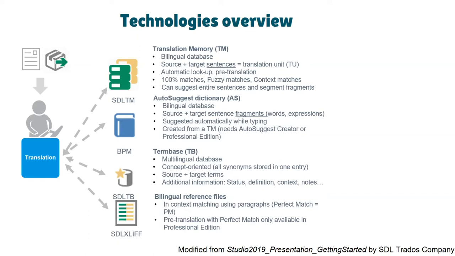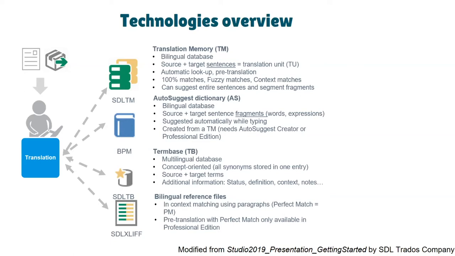It will store source sentence fragments with target sentence fragments, like words or expressions. And a suggestion will be given automatically while you're typing. Then it is possible to create the dictionary from our translation memory. Of course, you need the auto-suggest creator, or you need to have the Professional edition for this function.